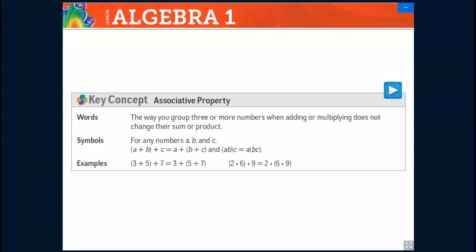And the multiplication example, the letters inside the parentheses change. And same with the example with 3 plus 5 plus 7 equals 3 plus 5 plus 7, where 3 and 5 are grouped together, and then 5 and 7 are grouped together.